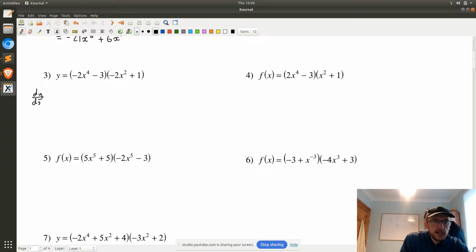dy by dx equals, differentiate the first one, and now differentiate the second one.